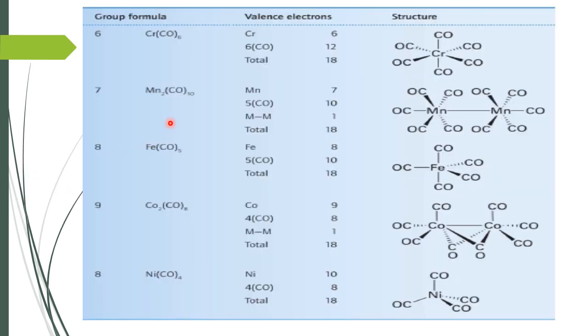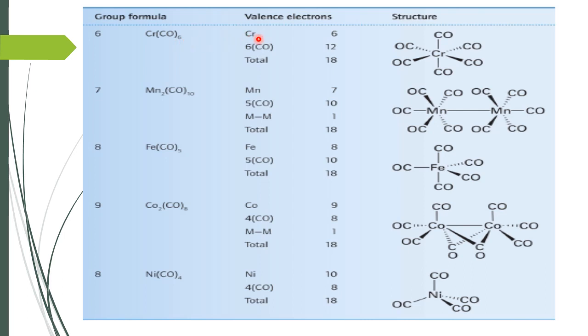These are a few examples of metal carbonyls. The metal carbonyls obey the EAN rule. Here we have the chromium hexacarbonyl compound.